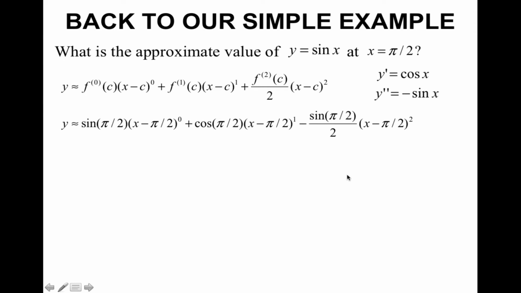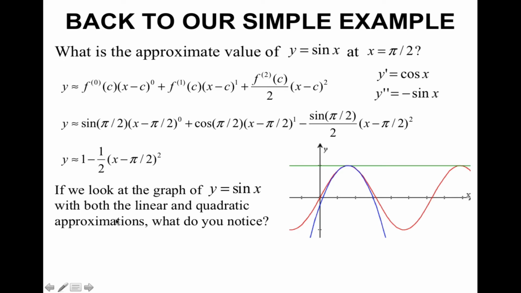And I can simplify this. I know that the cosine of pi over 2 is 0, so that's why this term cancels. This is just 1, and sine pi over 2 is also 1. And then I have sine pi over 2, which is 1, over 2, times x minus pi over 2 squared. So I get the following quadratic to approximate sine x.